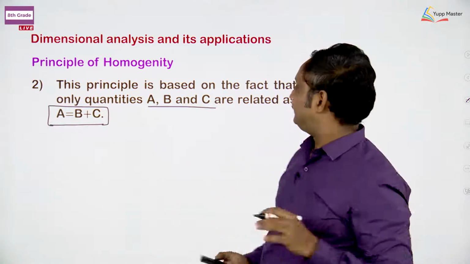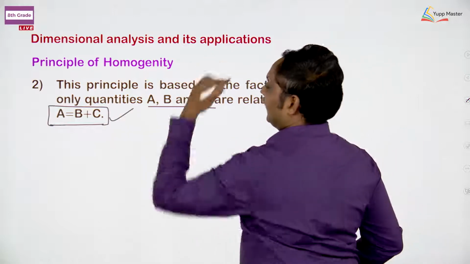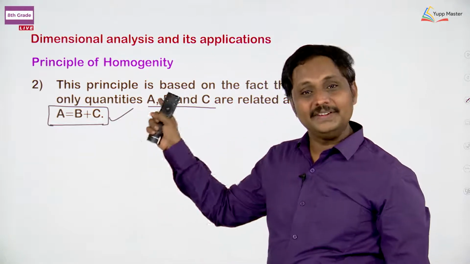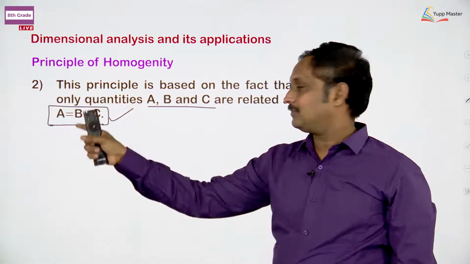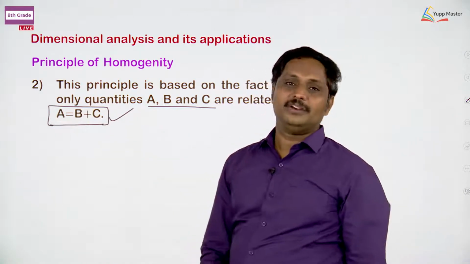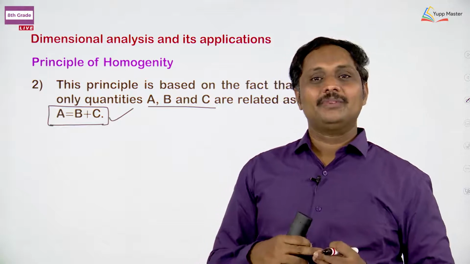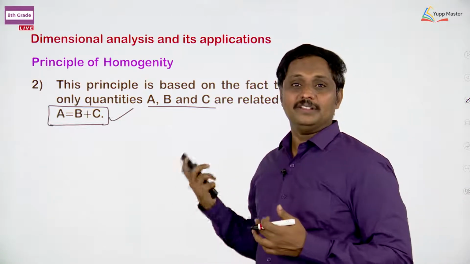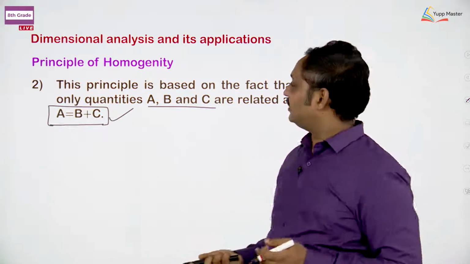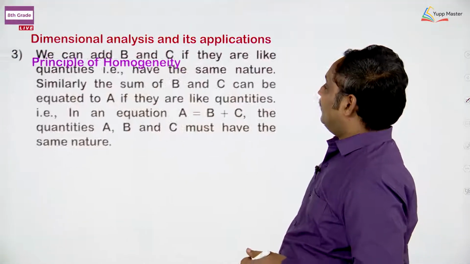That's very clear. So this is dimensionally correct, where B and C have the same dimensions as A. That's what we are going to apply: addition, summation. We are going to express it in the form of summation, in the form of addition, and multiplication also we can take. Yeah, it's very clear.